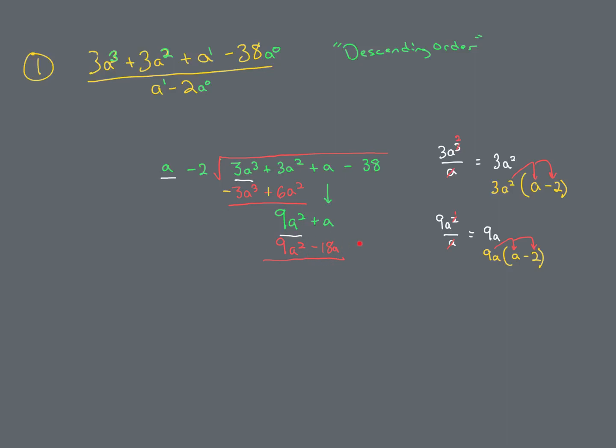We're subtracting all of this. So minus 9a squared, minus negative 18a, minus the negative is going to be positive. So the 9a squared and the negative 9a squared become 0. And when we combine the a and the 18a, you get 19a, and then we're going to bring down this negative 38.